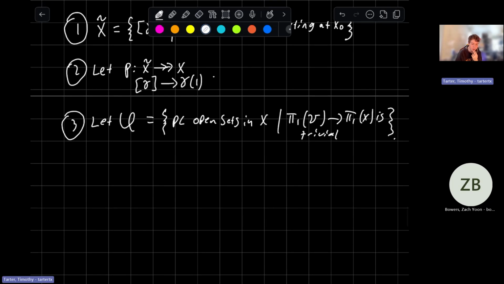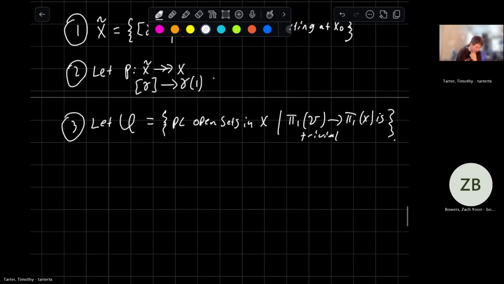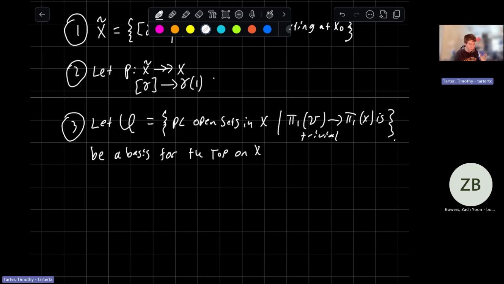Note that if the map is trivial for one choice of base point, it works for all of them. Subsets are also in U. This is a basis for the topology on X, given our assumptions.